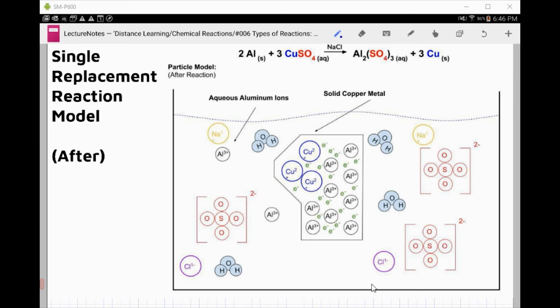And again, this is happening because aluminum is more reactive than copper. Remember when we said metals, when they react, they lose electrons. So if aluminum is more reactive than copper, aluminum is more easily able to lose those electrons. It's able to leave this solid state. Whereas copper, since it is less reactive, it has a greater attraction for those electrons, it's going to come and bind into this solid form.